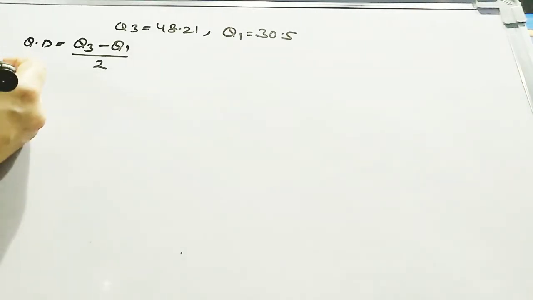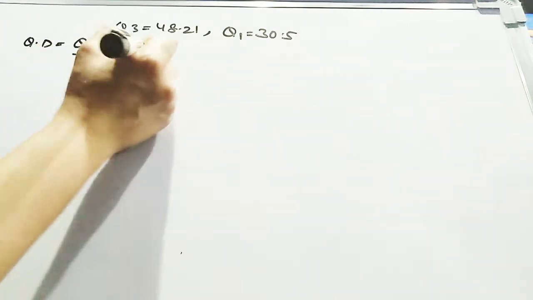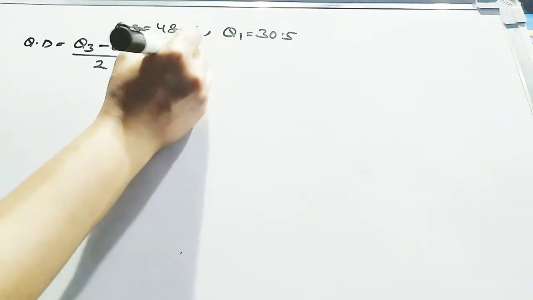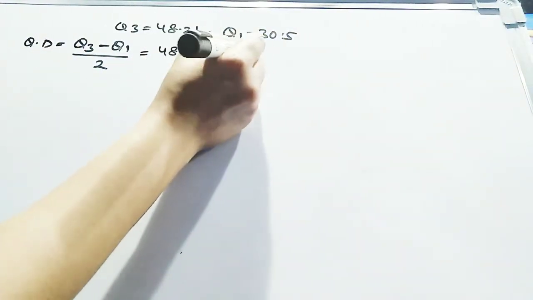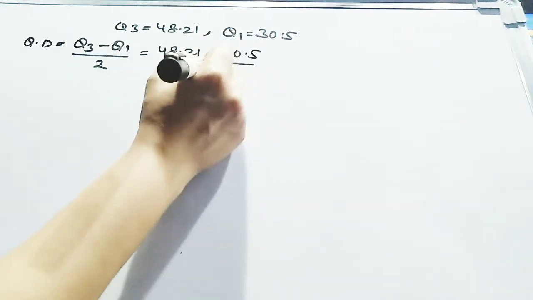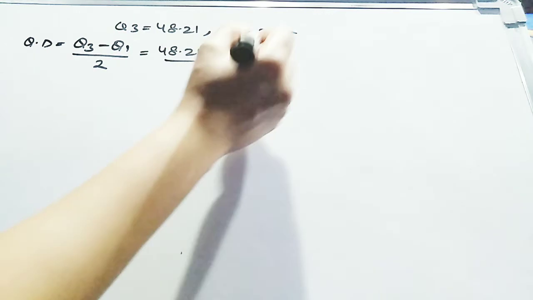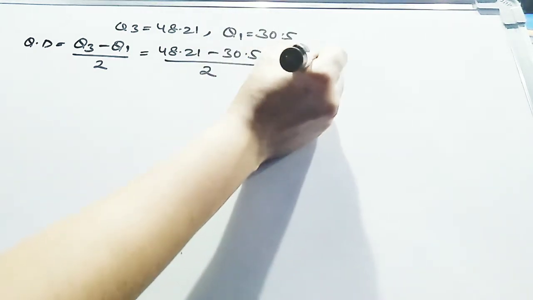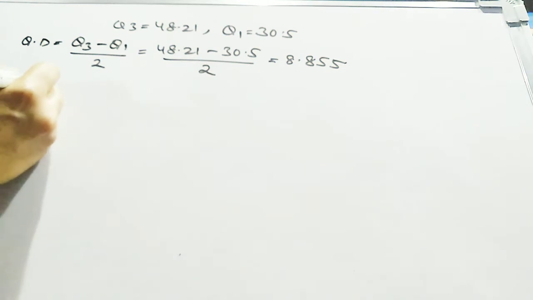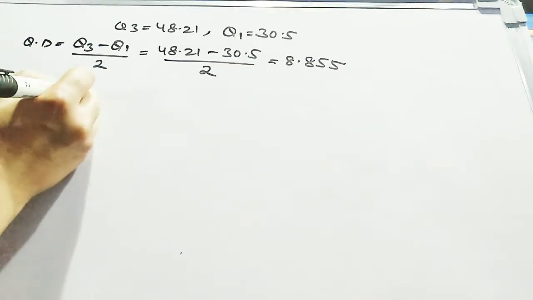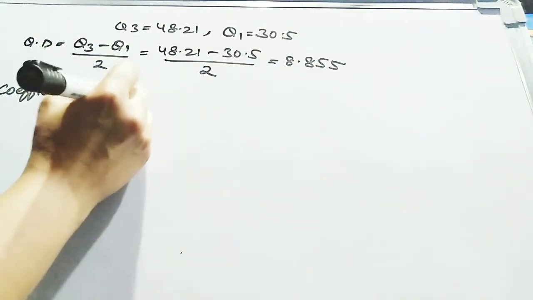Just substitute in your quartile deviation. What is your Q3? 48.21 minus 30.5, divided by 2. Use your calculator, and you will get 8.855. Similarly, the coefficient of QD.